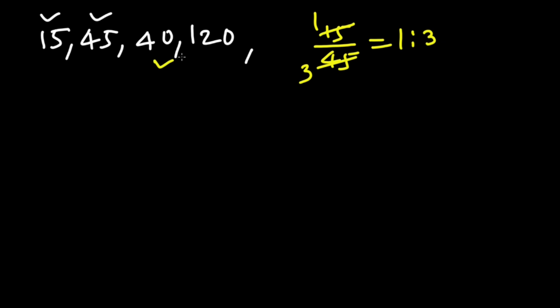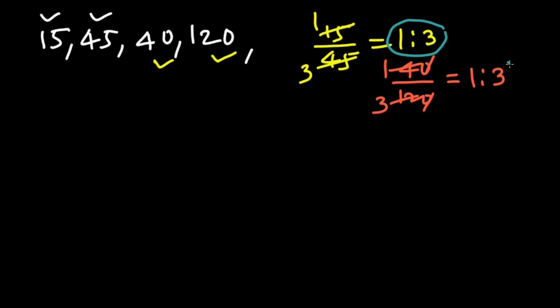Next we will take ratio of 40 and 120. So that will be 40 ratio 120. That will be 40 ones are 40, 40 threes are 120, 1:3. Since these two ratios are equal, we can say that these four numbers are in proportion.